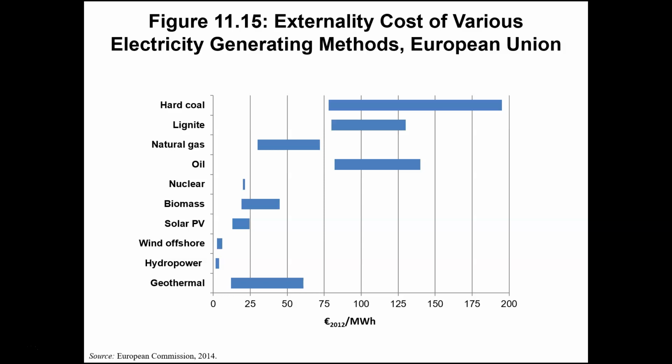It depends on several things, but there's a range of externality costs. And notice that range is much higher for coal, natural gas, and oil, for the non-renewable sources. That range of externalities is much lower for the renewable sources. The extra cost to others of consumption is much lower for renewable sources.